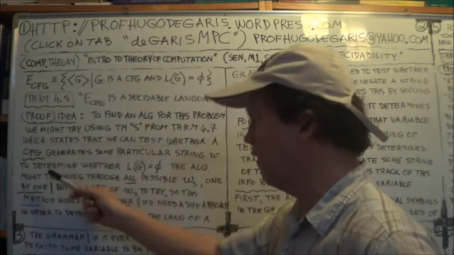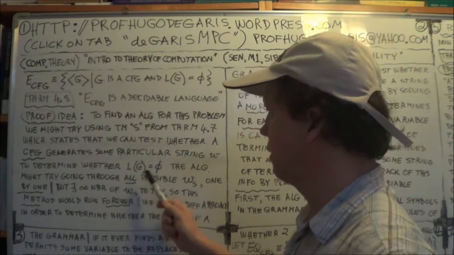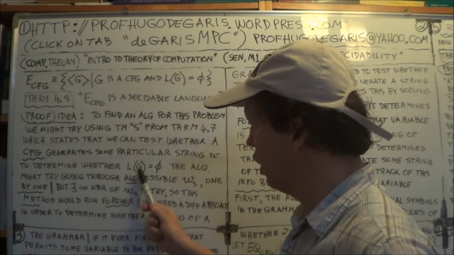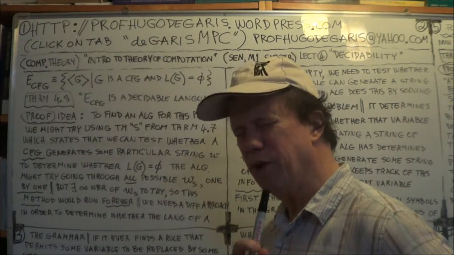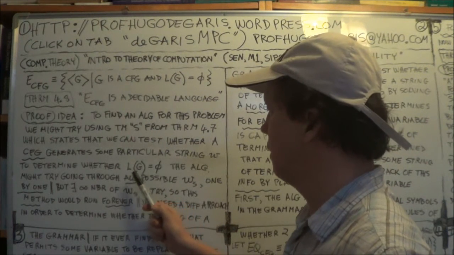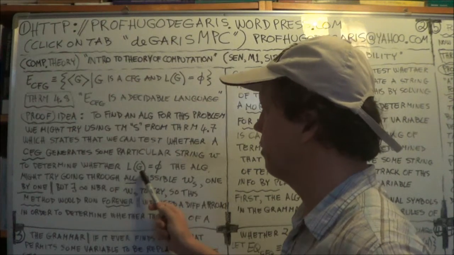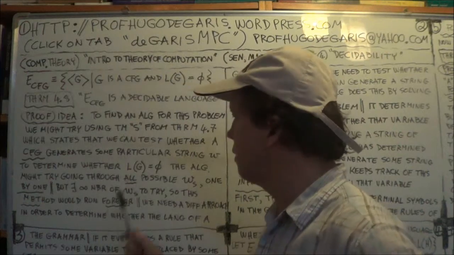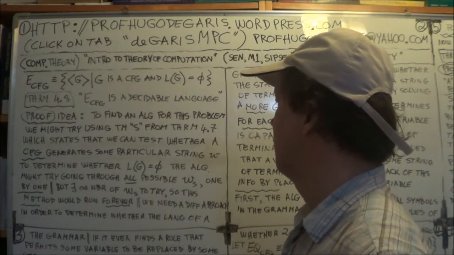Okay, we've just done that. Now, how would you determine whether the language, and remember, a language is a set of strings, in this case the language generated by this grammar, is just the set of all strings that the grammar generates. And the computational question is: is L of G, the language generated by the grammar, the empty set? In other words, no strings. So this G generates no strings. That's the computational question.